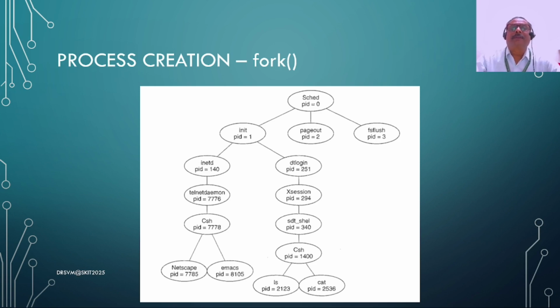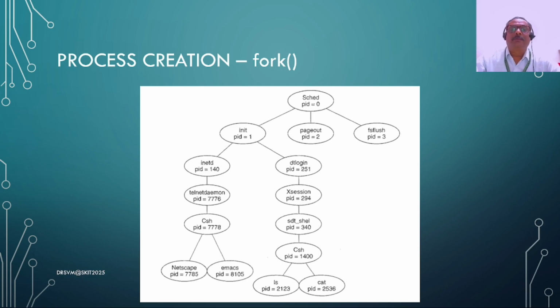Then fs flush is the one which is responsible for the kernel operations related to file operations and all that. So that way we begin with the initial process, that is the scheduler, and then it creates another process.